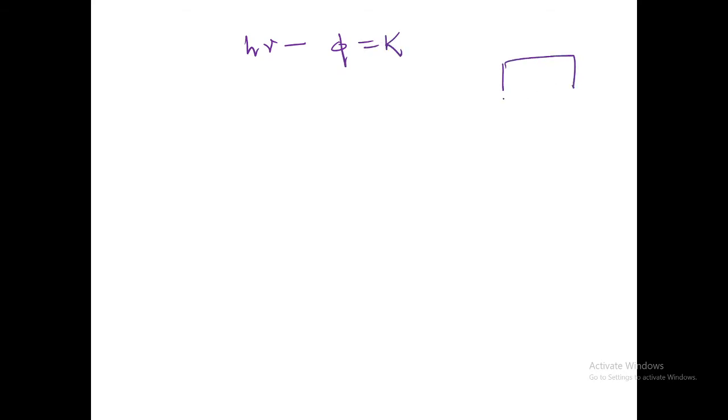So this was our metal, right? Suppose phi is the work function. And what is work function? The minimum energy required for an electron to escape from a metallic surface is called the work function.